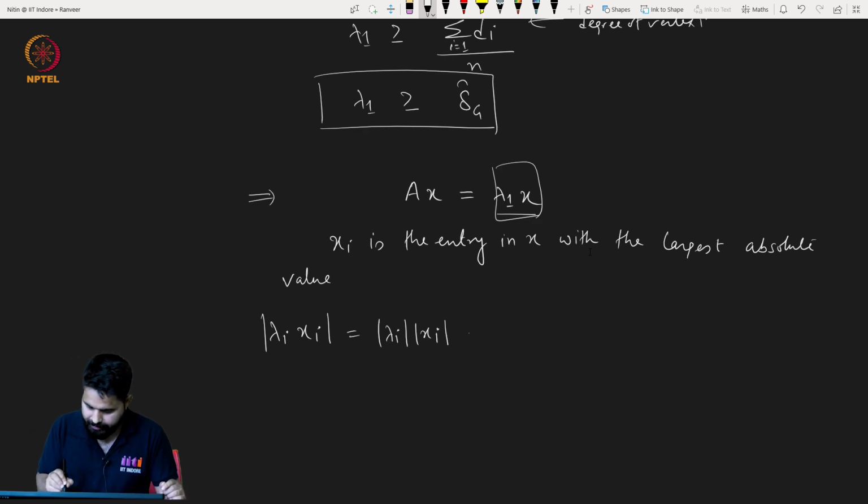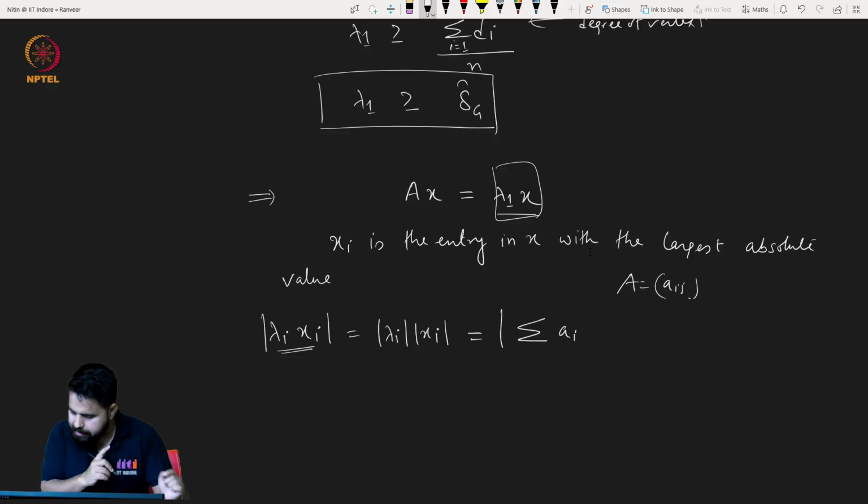The next thing is, how can this quantity be written? First let me write this and then I will take the mod of this. Suppose A is my general matrix. Summation over j equal to 1 to n of Aij xj, because I am varying over j.